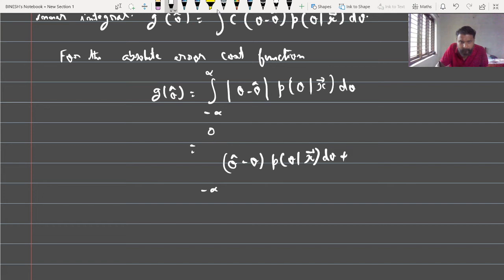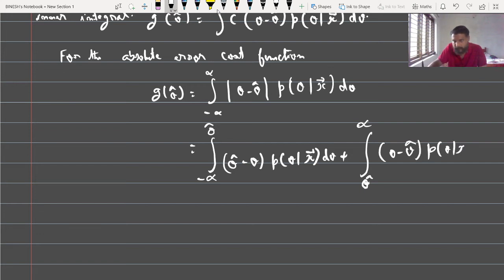The first part is minus the integral from minus infinity to theta cap of theta cap minus theta, P of theta given x, d theta, plus the integral from theta cap to plus infinity of theta minus theta cap, P of theta given x, d theta.